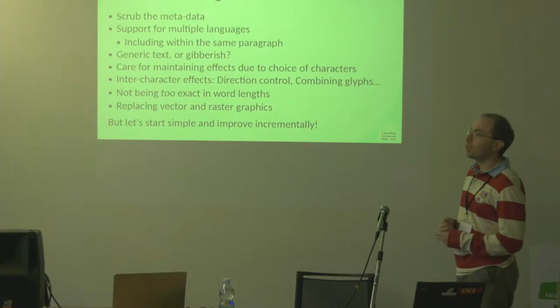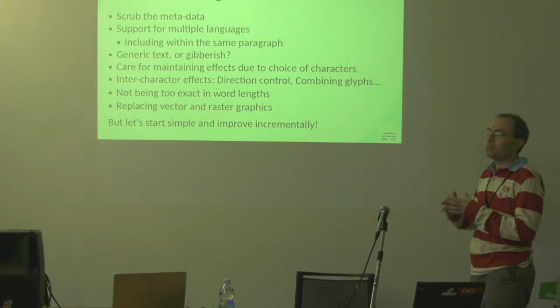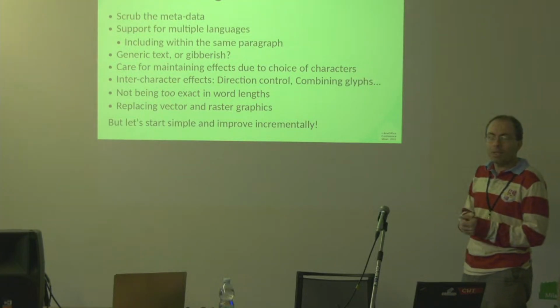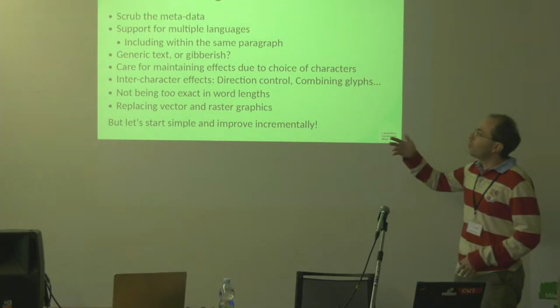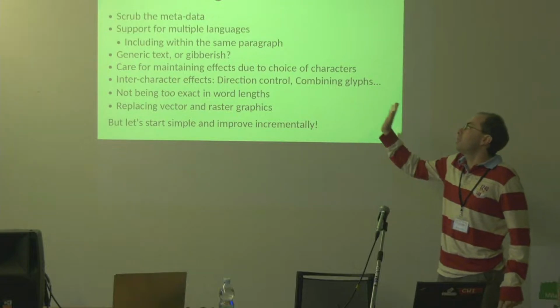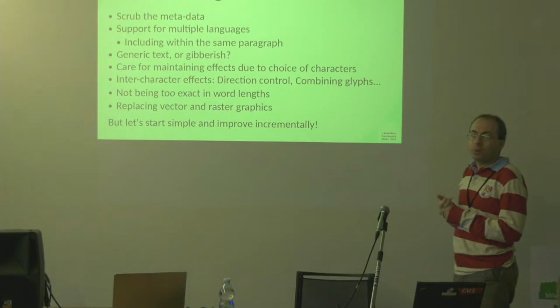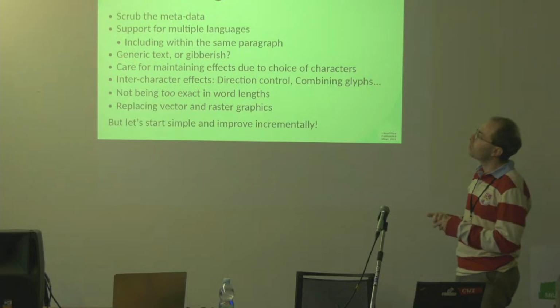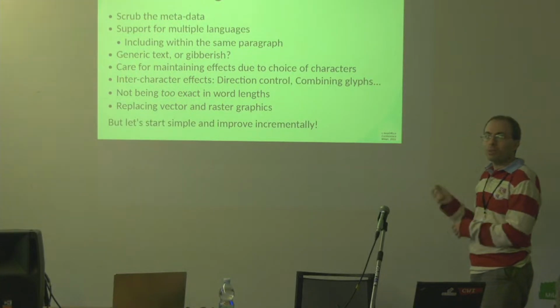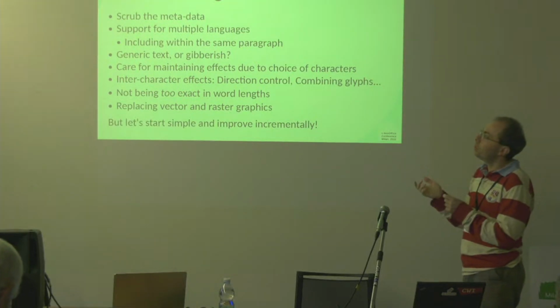And of course, this can be made simpler, but also more complex and more featureful. So of course, you want to scrub the metadata. That's not hard. But if you want support for multiple languages, that's another complication. Maybe multiple languages in the same paragraph which get different text.